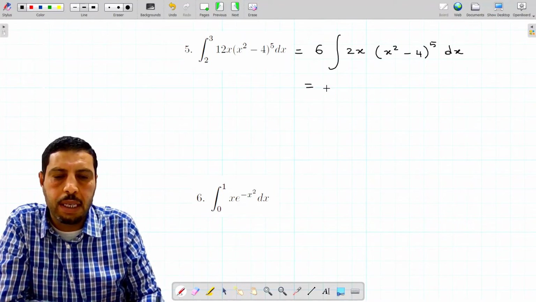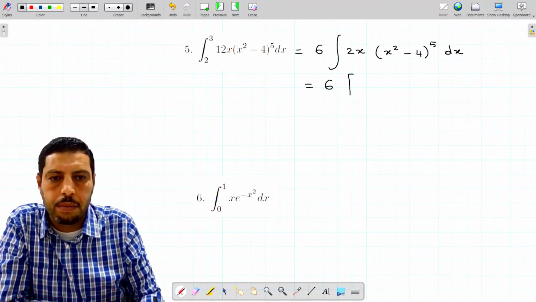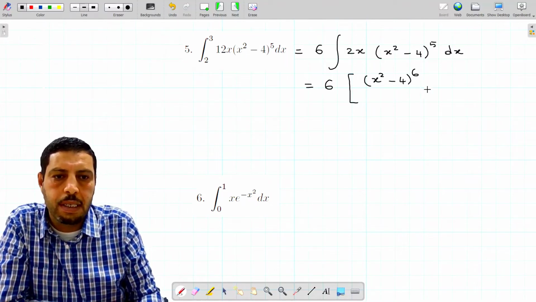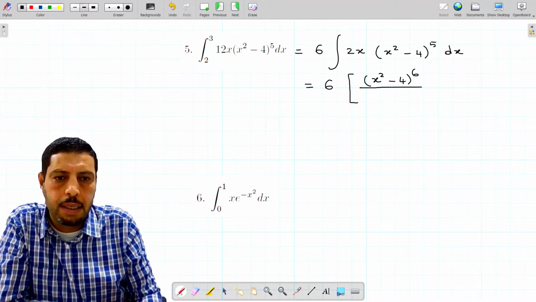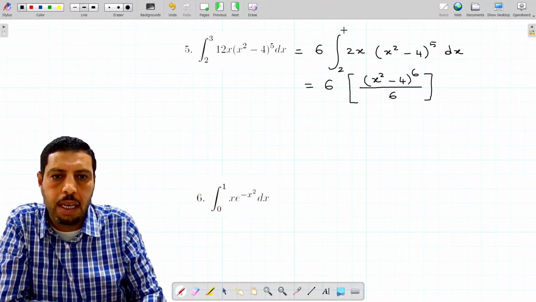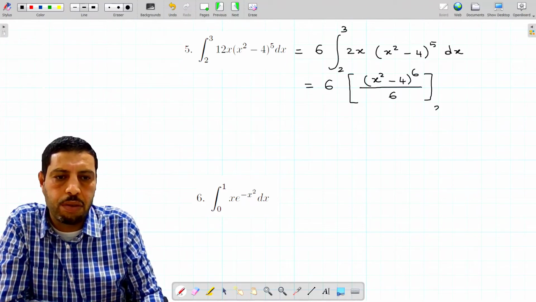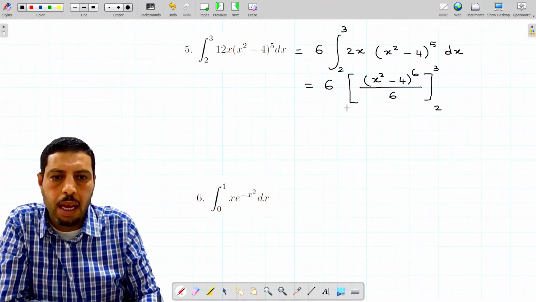And here you can see clearly the form u prime u to the power of n. So it's equal to 6 times u to the power of n plus 1. It means x squared minus 4 to the power of 6 over 6, taken between 2 and 3. And of course, you can cancel the 6.